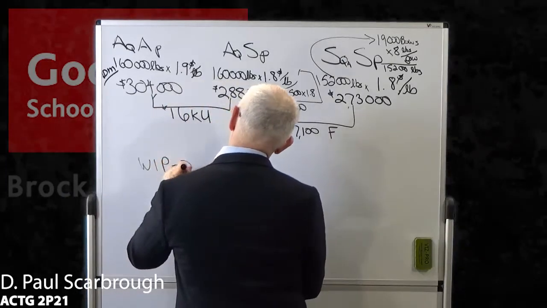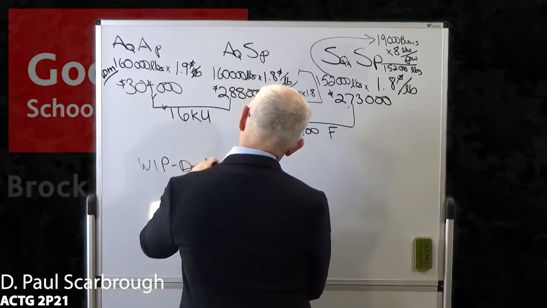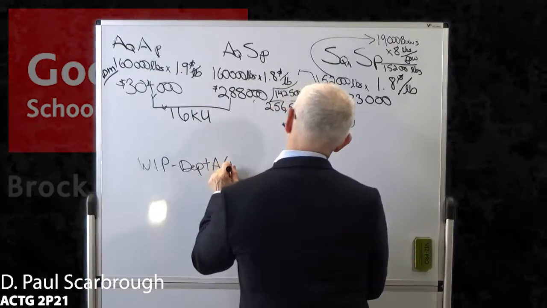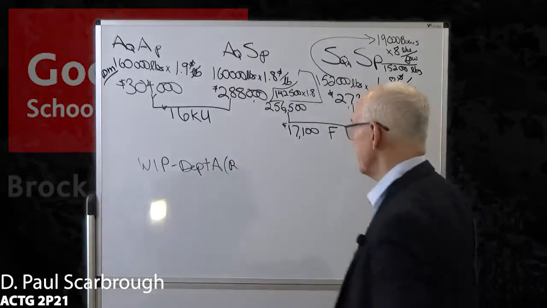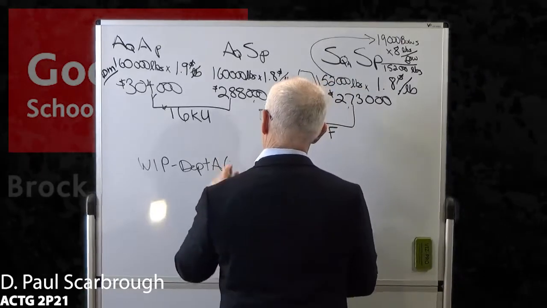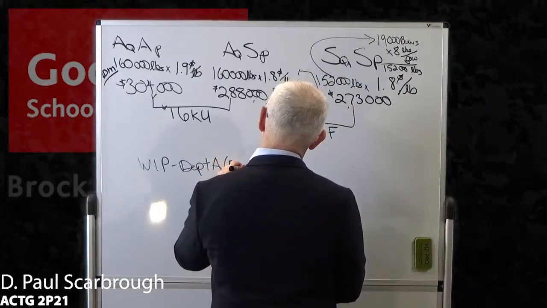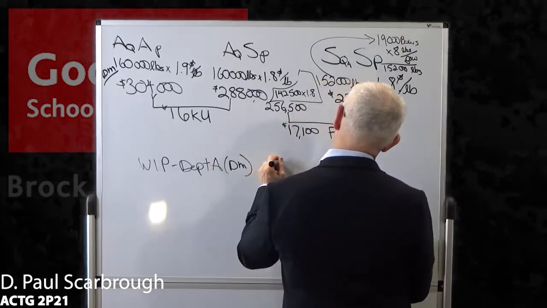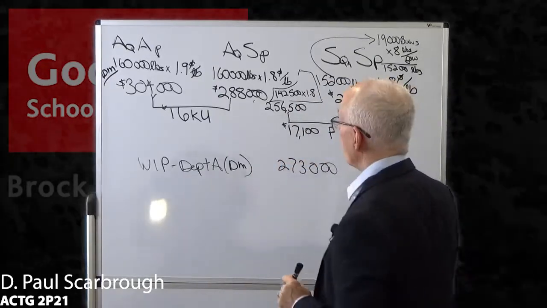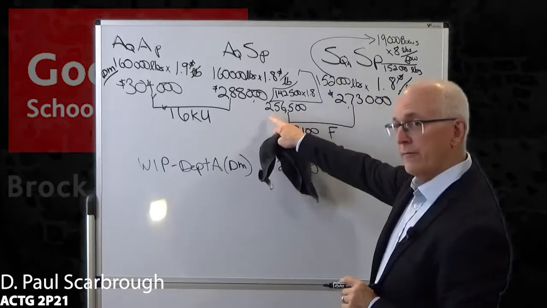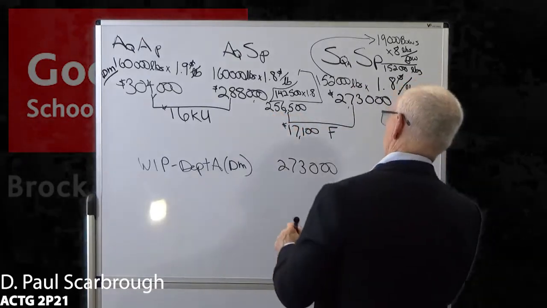And I'm going to say Department A, and it's RMI, or whoops, direct material. And it comes out of RMI at 256.5.